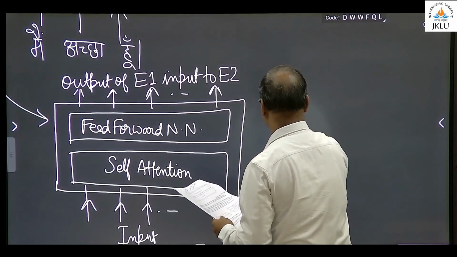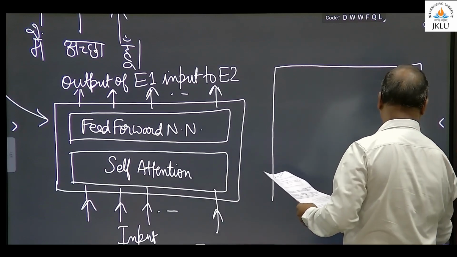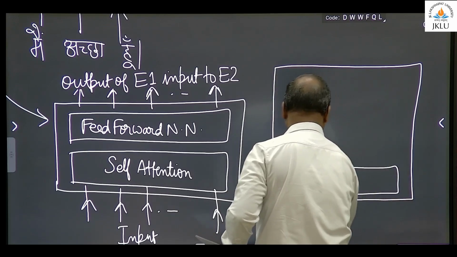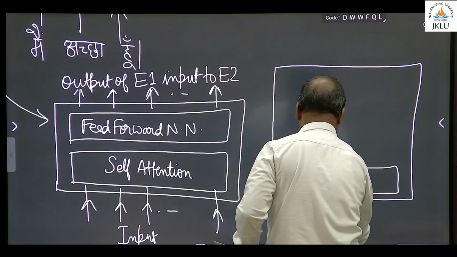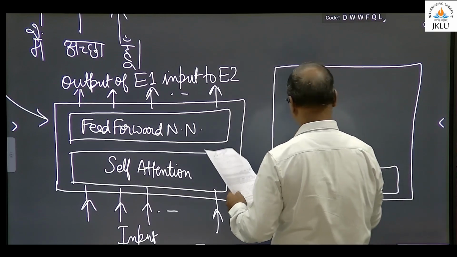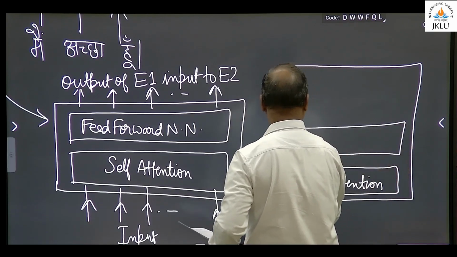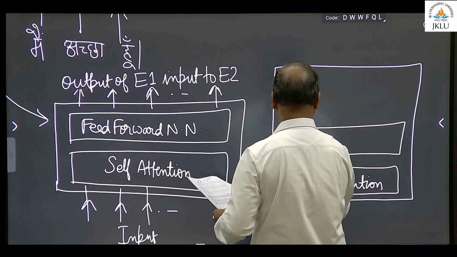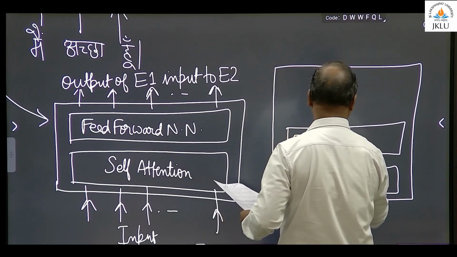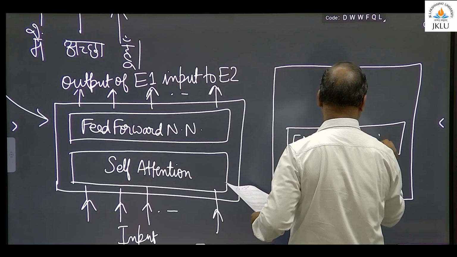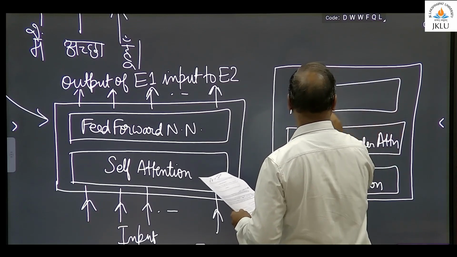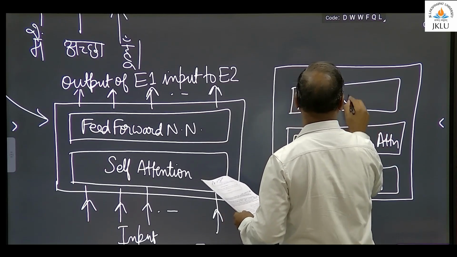The decoder looks something like this. Just one decoder block now. So here you have self attention, then you have encoder decoder attention, and then again you have a feed forward neural network.